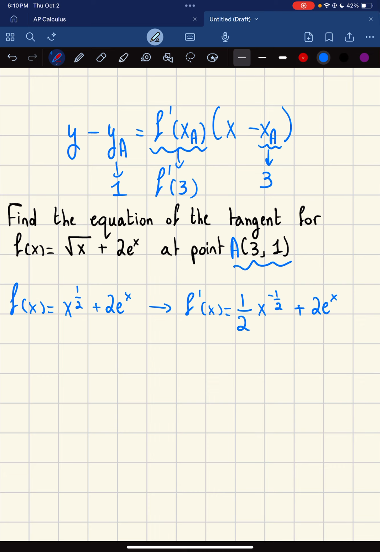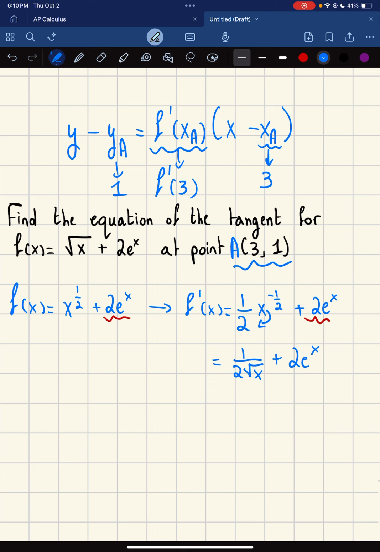Let's remember that the derivative of the exponential function like this will remain the same. Then we are going to continue. It will be 1 over 2 square root of x, because if you get this down, the exponent will become positive again, plus 2e to the power of x.